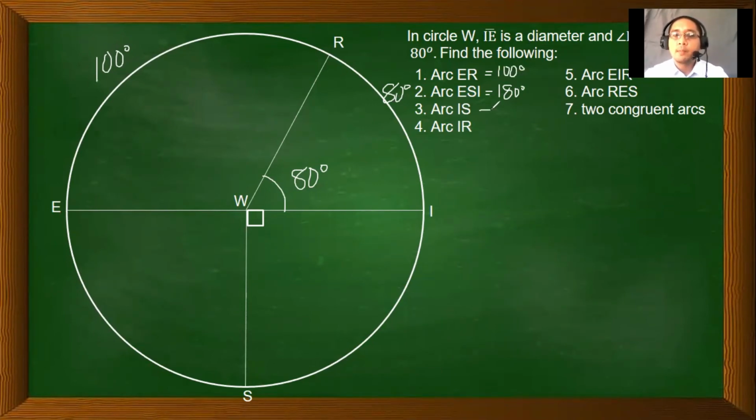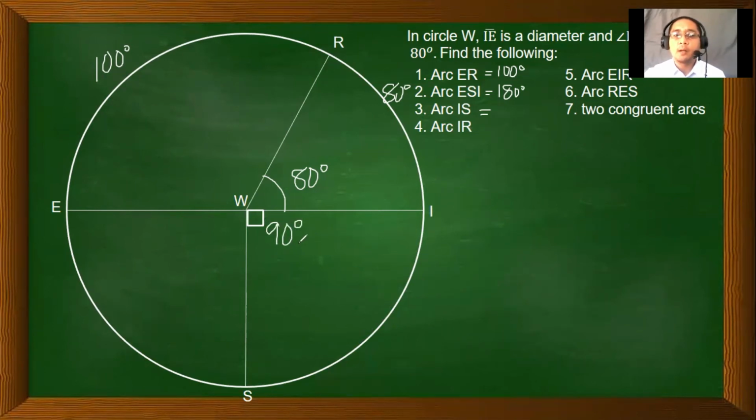Now let's proceed to number 3. What is the measurement of arc IS? Based on the given angle, angle IWS has a symbol of a right angle, and the measurement of a right angle is equivalent to 90 degrees.